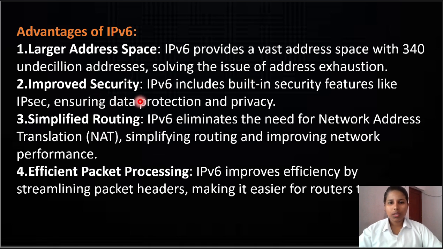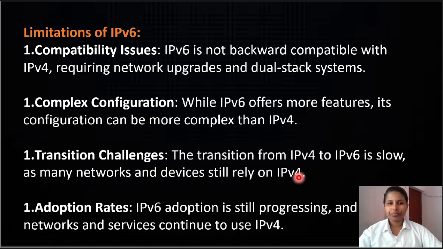It improves security: IPv6 includes built-in security features like IPsec, securing protection and privacy. It simplifies routing: IPv6 eliminates the need for network address translation, which we discussed as a limitation we face in IPv4. So all these problems are solved in IPv6. And efficient packet processing: IPv6 improves efficiency by streamlining the packet header, making it easy to process.